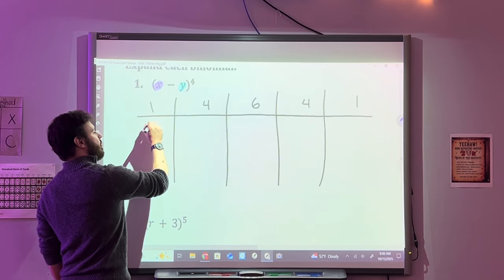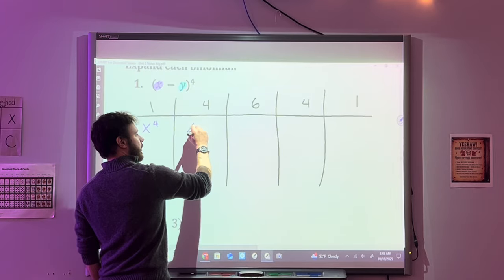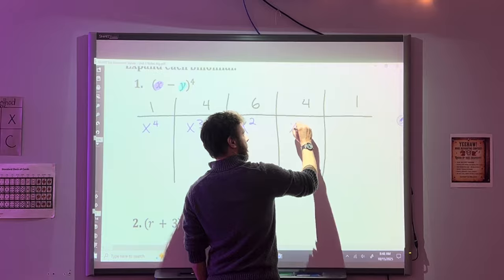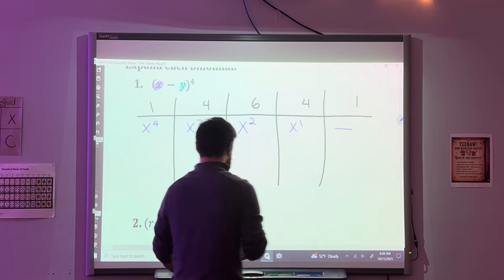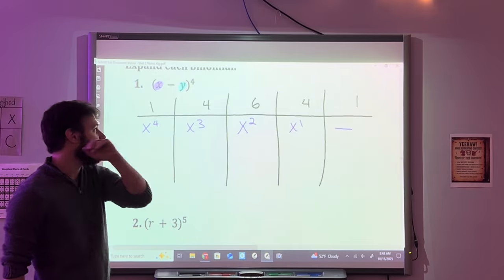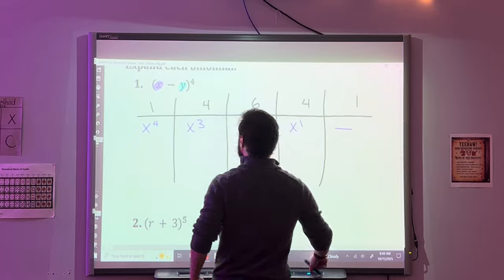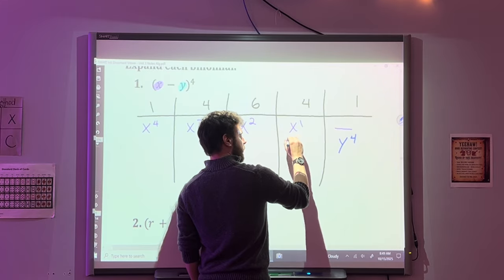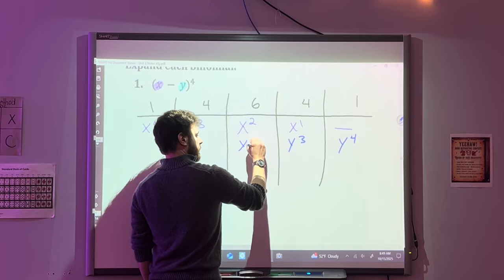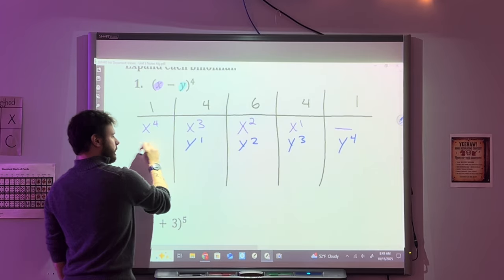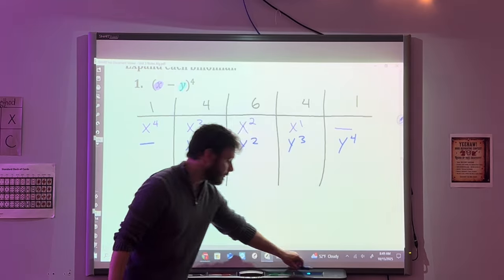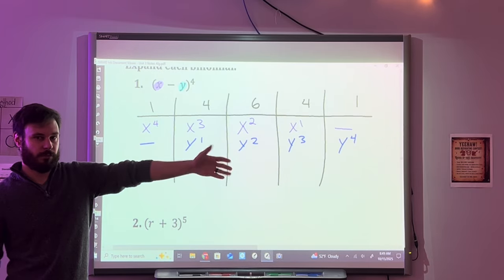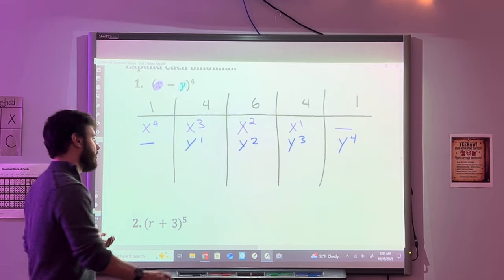So x is going to get all 4, and as I go, that's an x, I'm gonna lose them all the way across. I'm gonna pick up with my next term, y, it's gonna get all the 4. Before I run out. Okay, so first term, and then back with the second term.